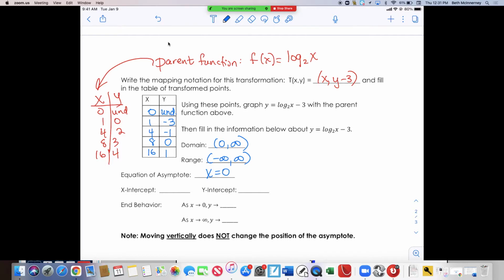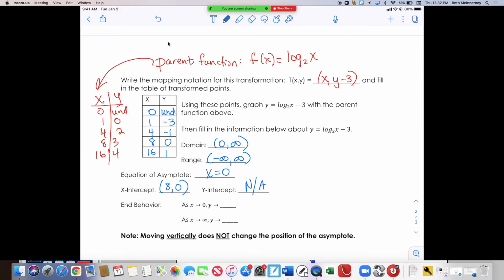My x-intercept. Ooh, look at your table. Do you see the point where it's crossing the x-axis? Not at 1, 8. Why is it 8? You're right, but why? Because the y is 0. That's on the x-axis where y is 0, okay? There's no y-intercept because I didn't move it left or right.